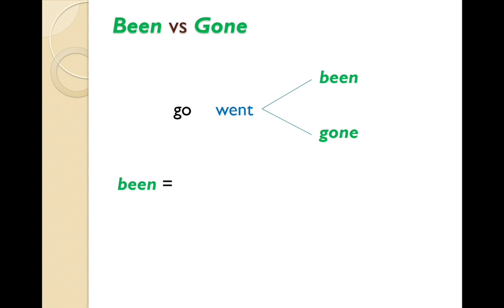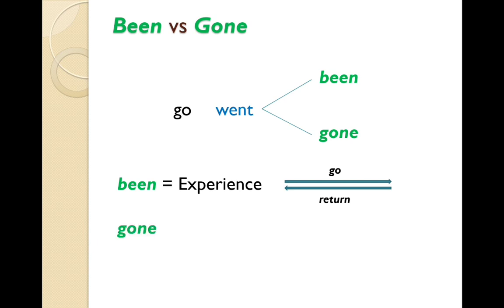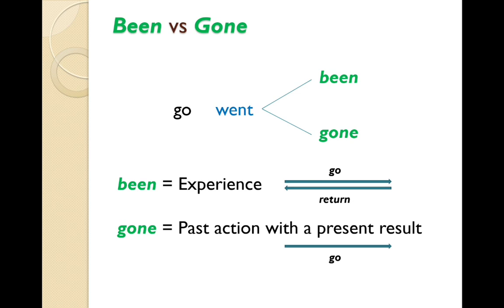Been is used for experience. You go to a place and then you return, and that means that you have been there. Gone is used for a past action that has a present result. You go to a place, but you don't return.